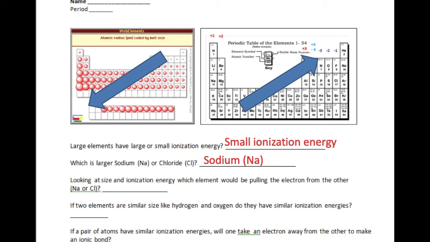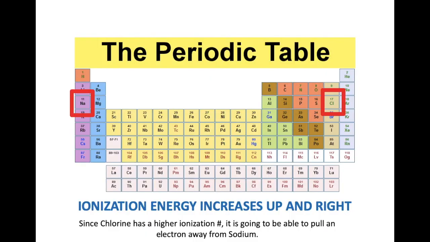Looking at size and ionization energy, which element would be pulling the electron from the other, sodium or chlorine? Well, let's look back at our periodic table. We know where they're located. We also know the ionization energy increases up and to the right. Since chlorine has a higher ionization number, it's going to be able to pull an electron away from sodium.